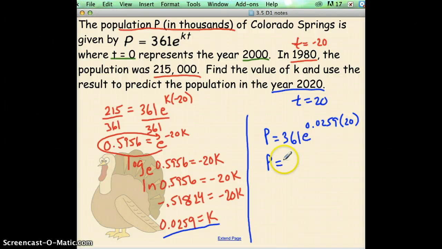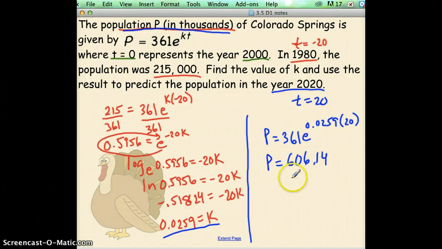Okay, so I'm getting 606.14 about. Now, depending on how you rounded, if you rounded this to 0.026, you would have gotten 607.2. But now, just remember, what is your answer representing? Your answer is the population in thousands.